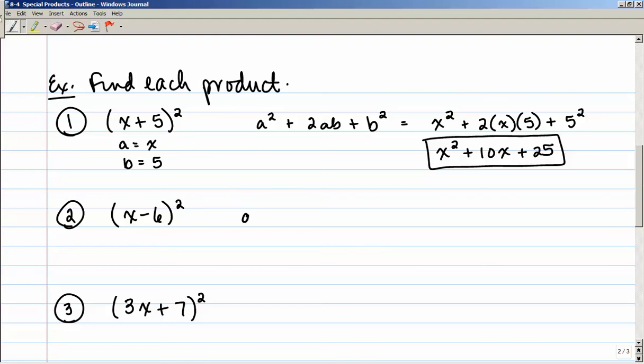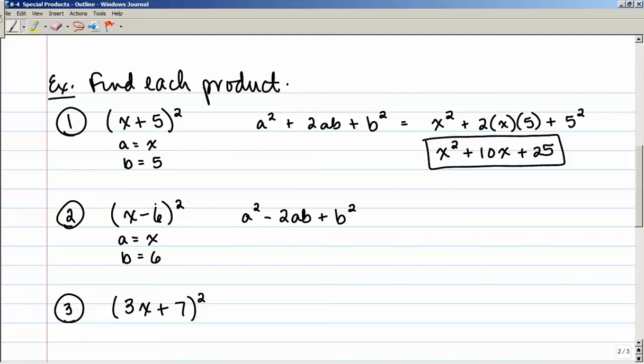So for this, I'm going to use the formula a squared minus 2ab plus b squared. And in this case, again, my a is x, and my b is actually a positive 6. Now you may be looking at this thinking, well, b is going to be a negative 6. But notice the original formula was a minus b.